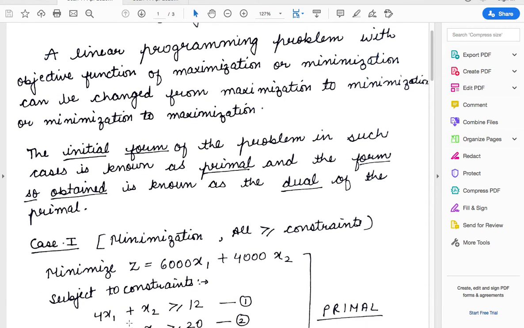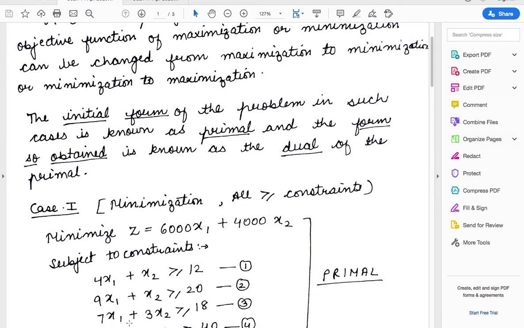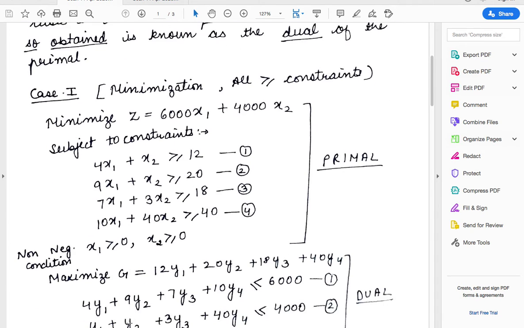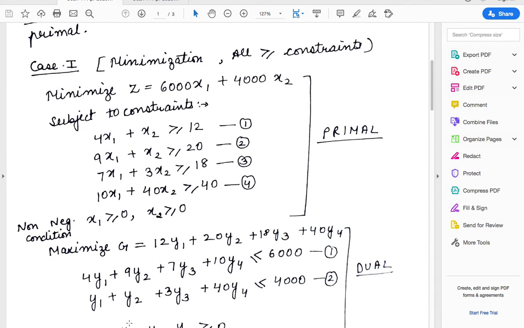How will we convert it? To understand this, I have taken some cases. This is case 1. In case 1, you can see I have taken an objective of minimization with all greater than or equal to constraints.